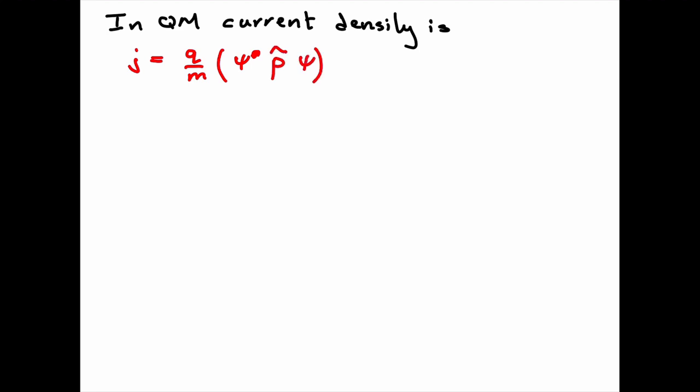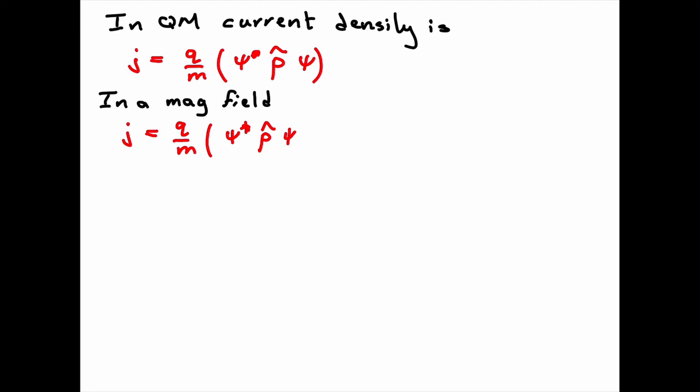But we want to do this in a magnetic field, and we know how to do that because in a magnetic field we just replace P with the canonical momentum. So if we do that, we get J equals Q over M psi star P hat psi minus Q psi star A psi.